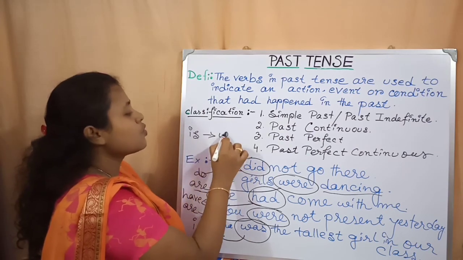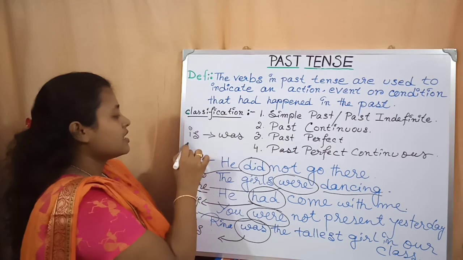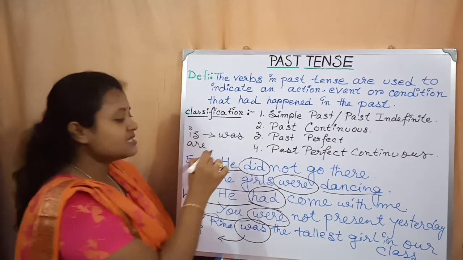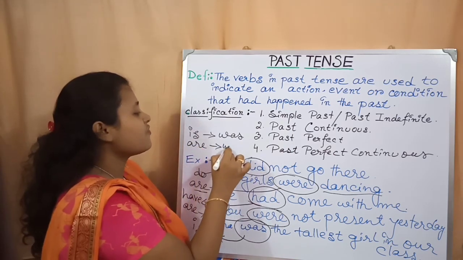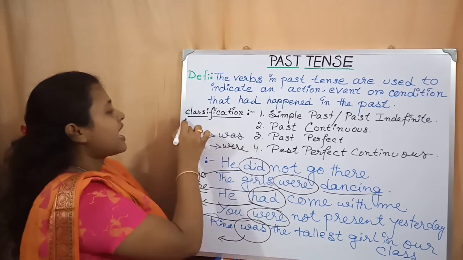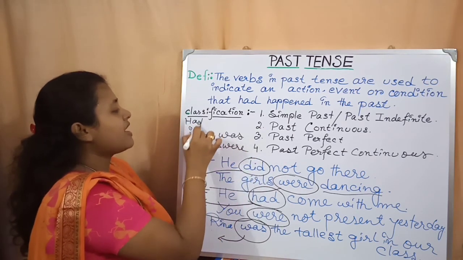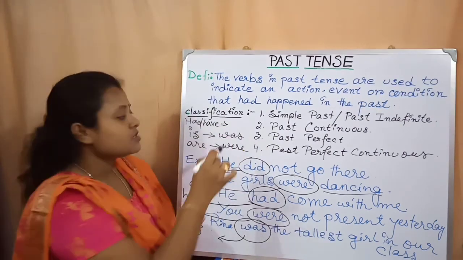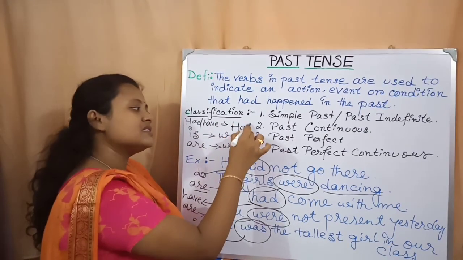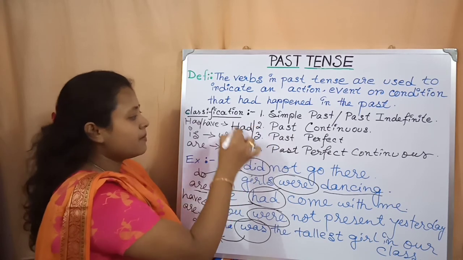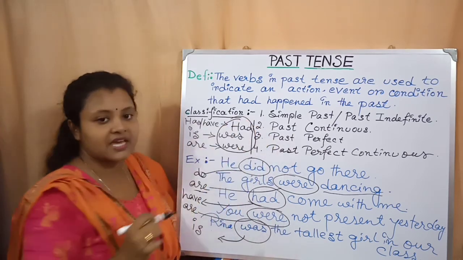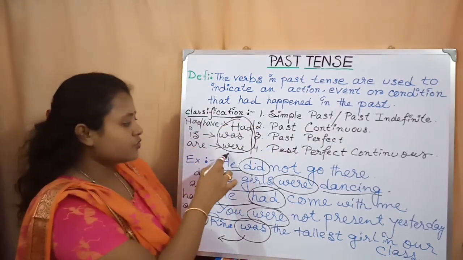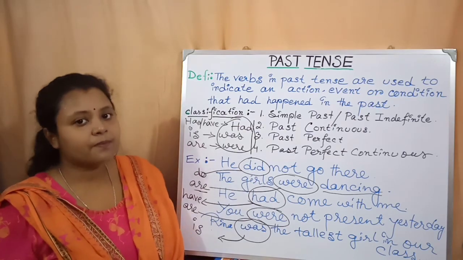Past tense is was. Are is the present tense. Past tense is were. Has or have is the present tense. So past tense is had. So these are past tense. These to be verbs refer to past tense.